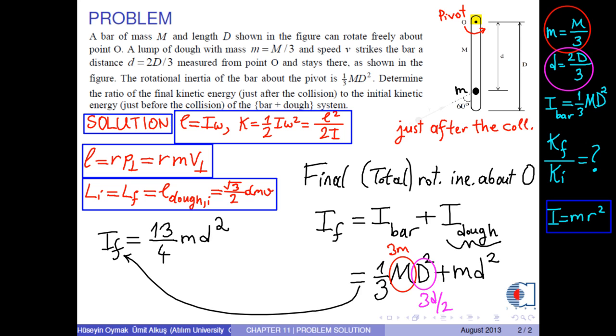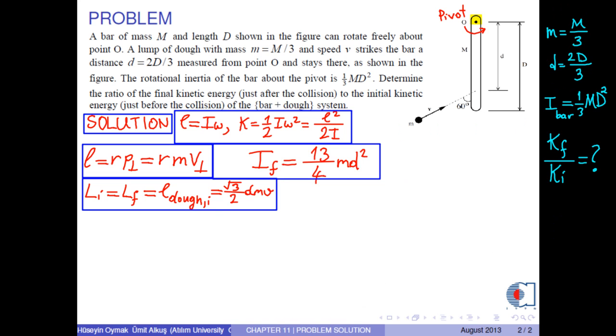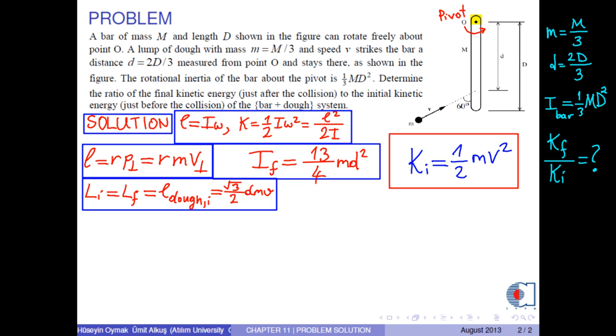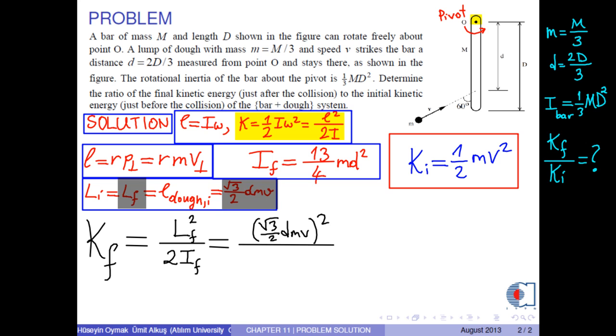The initial kinetic energy of the system is due to only the lump of duff, which is calculated by the formula 1/2 mv squared. The final kinetic energy of the bar-duff system is found by the formula L f squared over 2 I f. We know L f and I f.